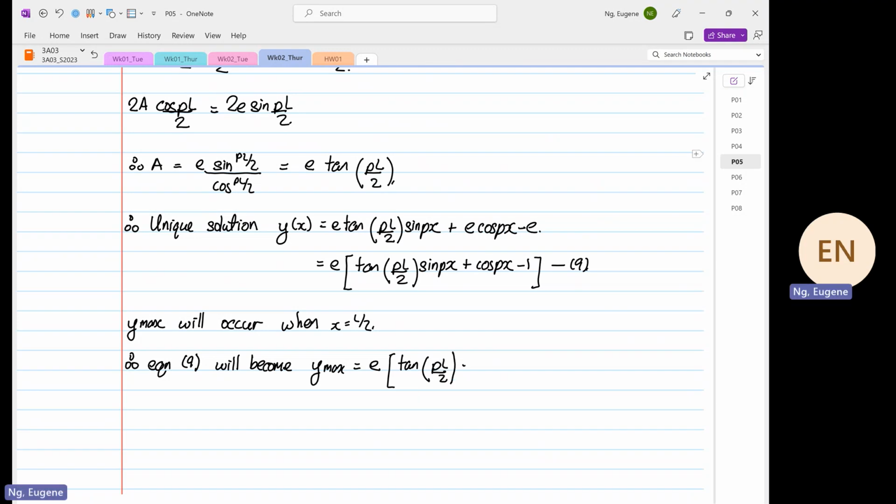And then we have sine pL over 2, because x is equal to L over 2, plus cos pL over 2 minus E.